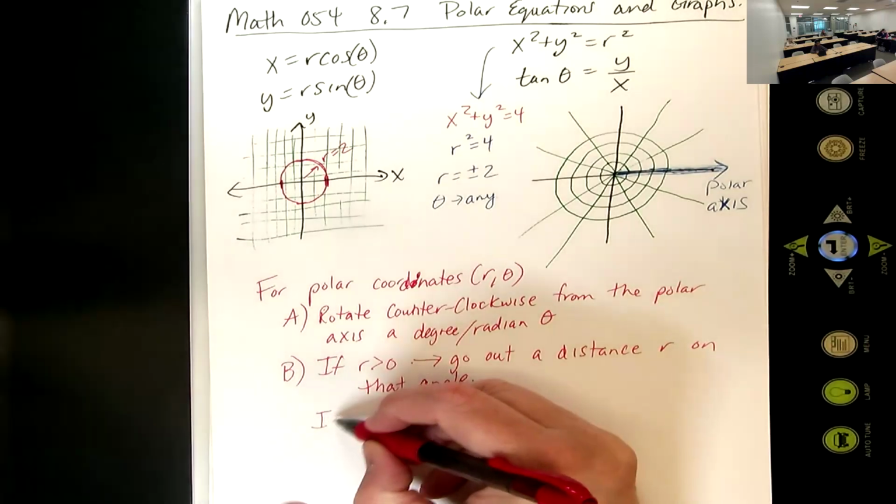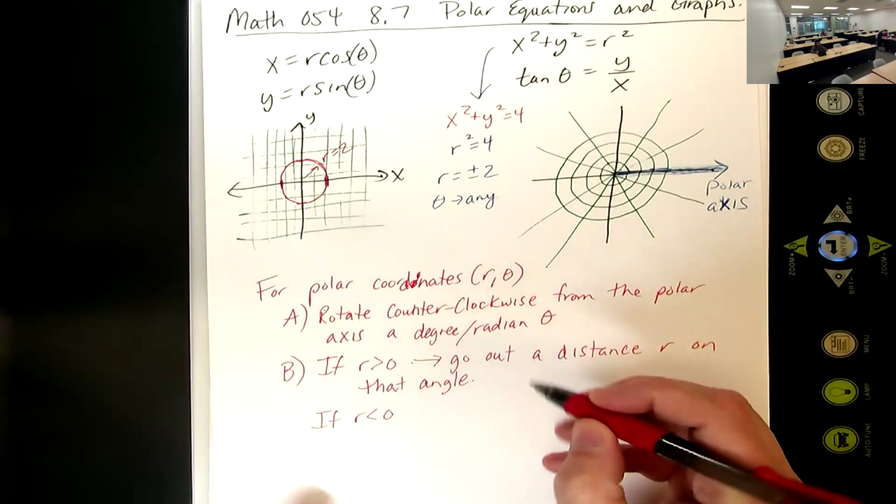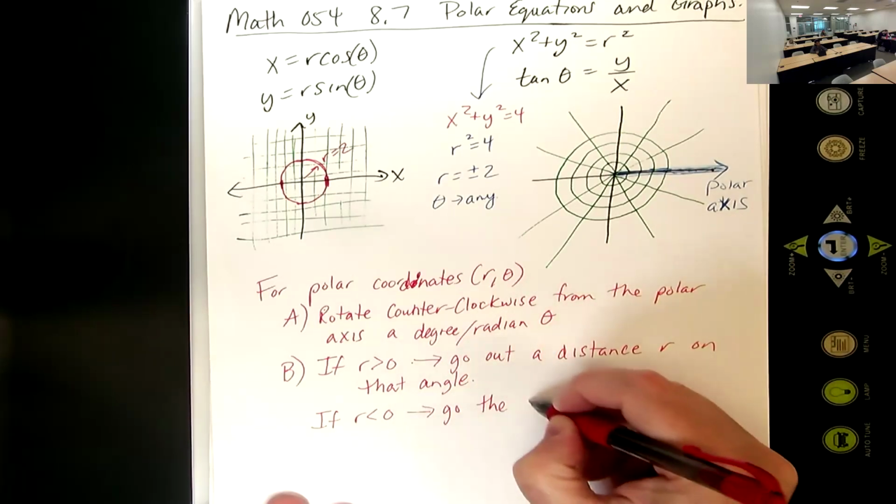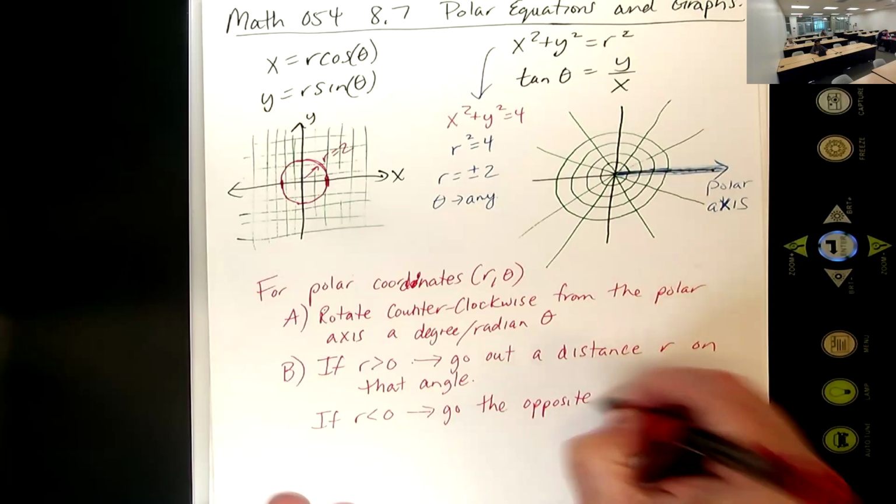If r is less than 0, go the opposite direction the distance r.